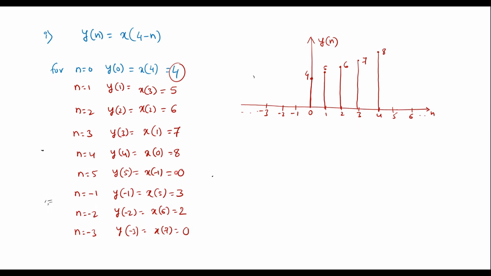So at 5, its value is 0. So this value is 0 here. Here onwards, all the values are 0. At n equal to minus 1, the value is 3. At n equal to minus 2, it is 2. Here onwards, all the values will be 0. So this is the y of n signal.